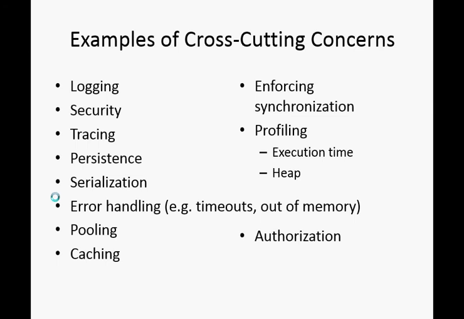So there's many cases where certain types of considerations, certain types of aspects cross-cut across our program. There's the same sort of need, in variant forms, that appears across many classes, appears across many functions.